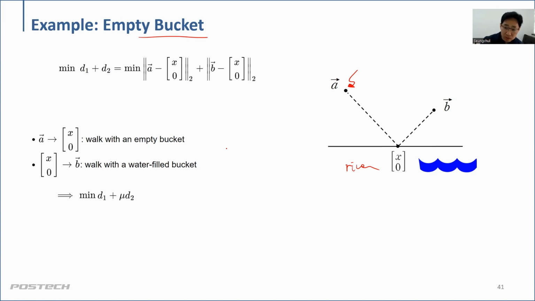You have to get water from the river and deliver it to this location, B. If I'm moving from A to B, the shortest distance is probably that way, but in that case you're not going to get any chance to get the water. So you have to touch like that. Now you get some water and fill the empty bucket, then you have to walk.